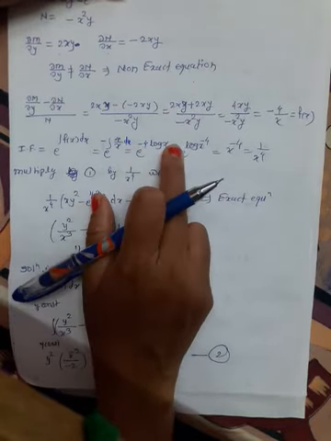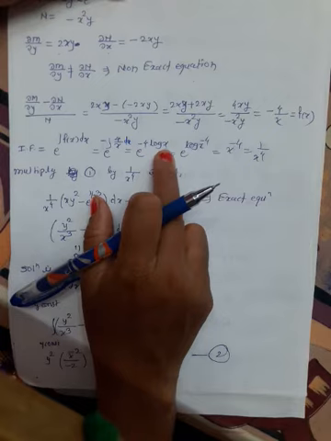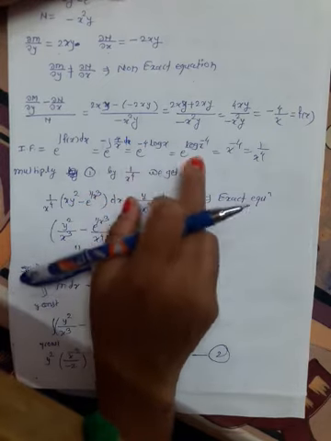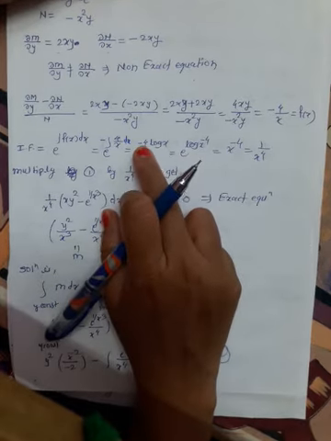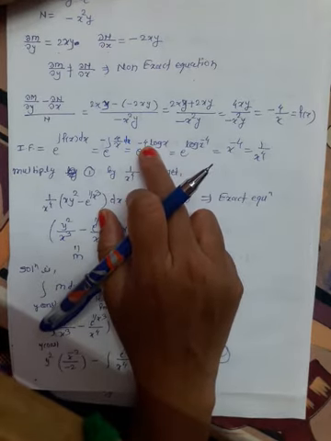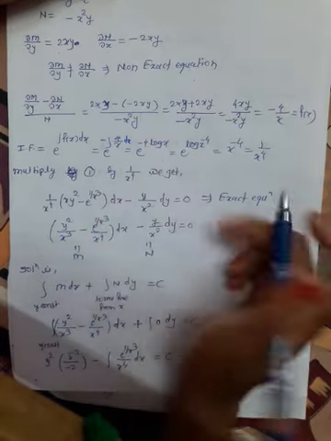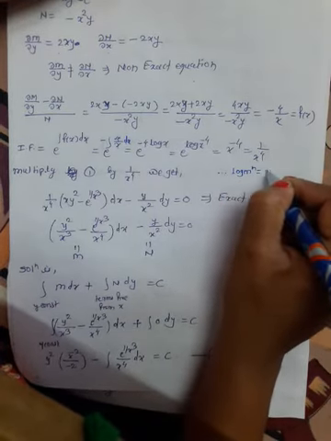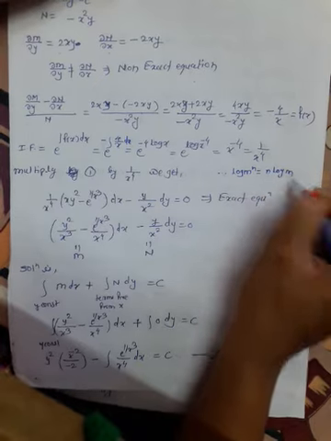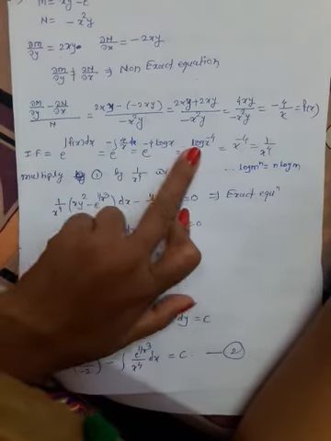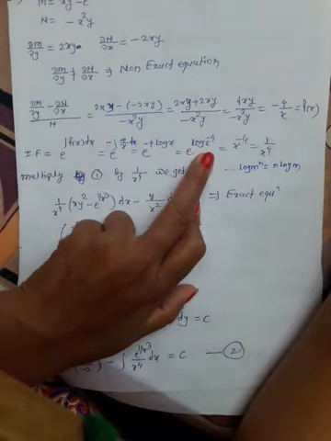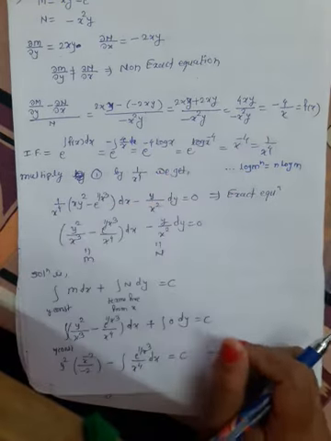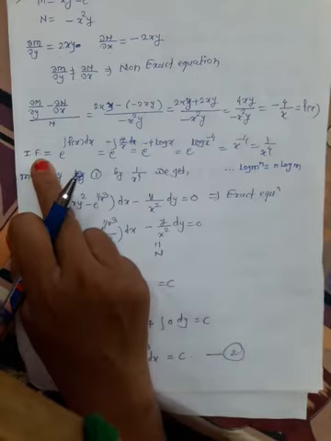Now take this minus 4 to the index of x, because we cannot cancel e and log unless we remove this minus 4 using the log property. The property is log m raised to n equals n log m. Therefore e raised to log x raised to minus 4. Now e and log get cancelled. x raised to minus 4 means 1 upon x raised to 4 is our integrating factor.